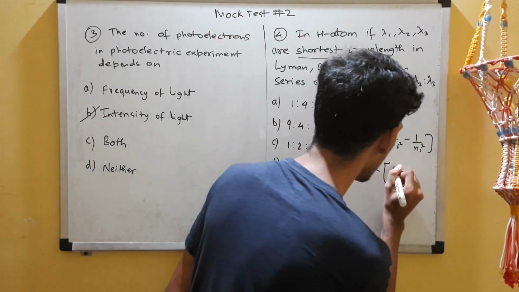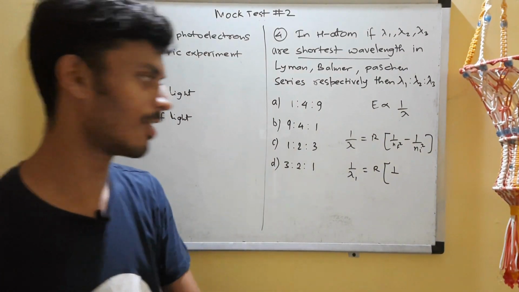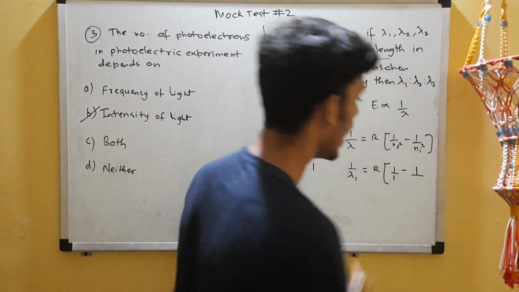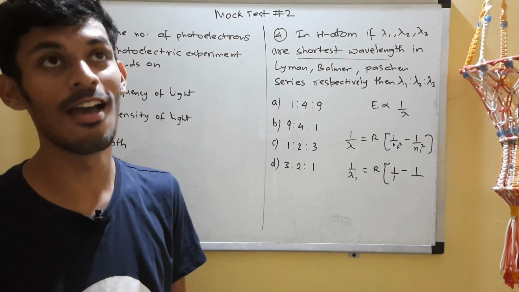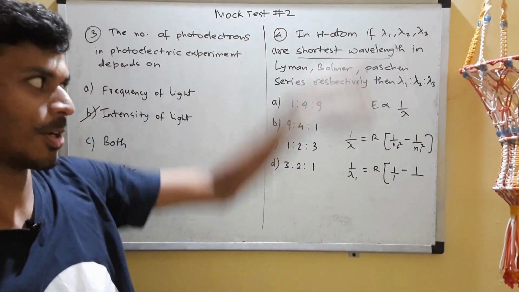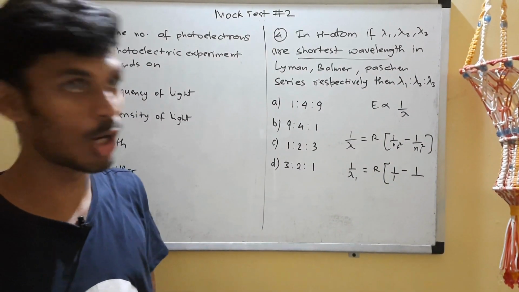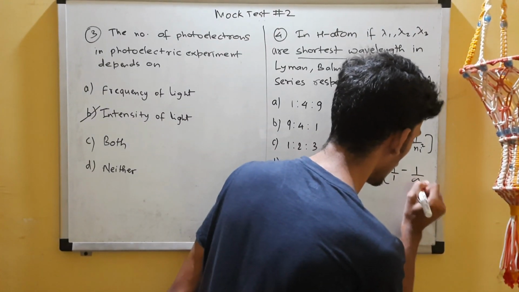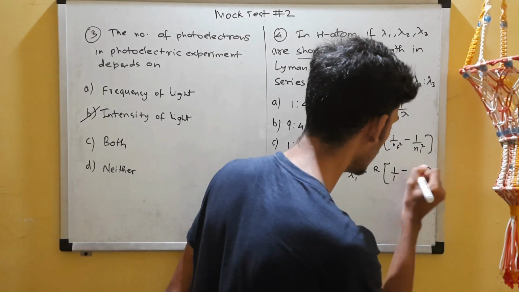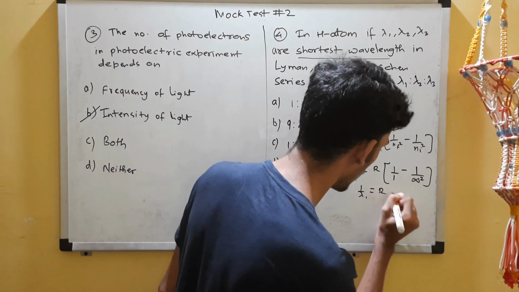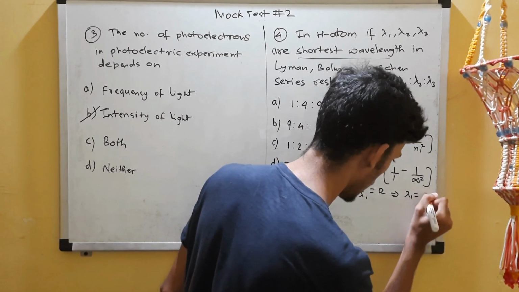So n final in case of Lyman series is always 1. So 1 square, and n initial in all these cases will be infinity. Basically that is the longest energy transition or the shortest wavelength. So infinity square, this term is 0, and we have 1 upon lambda 1 as R, or lambda 1 as 1 by R.